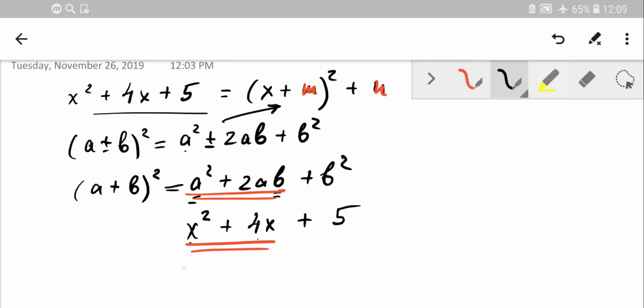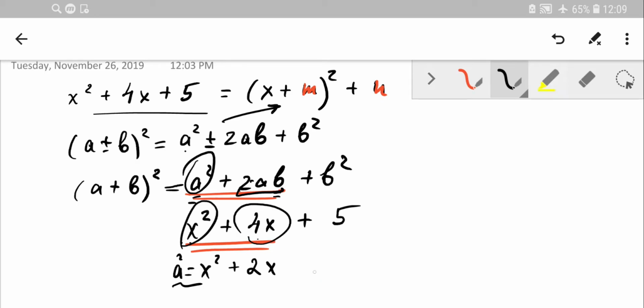For a we have x, because this is the first term, and instead of 2ab we should have 4x. So we rearrange 4x to get the 2ab structure: 2, then x instead of a, and instead of b the rest part, so that in total we get 4x.